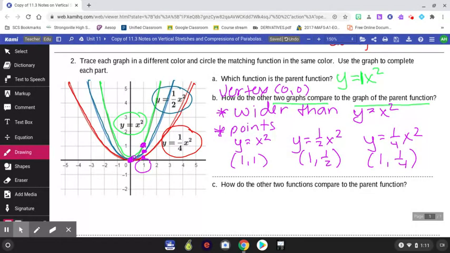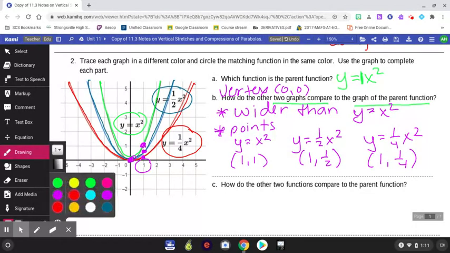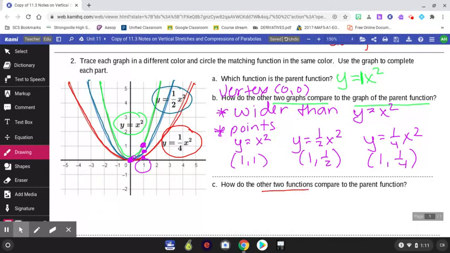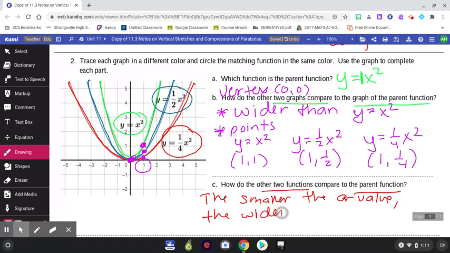All right, the next one says, how do the two functions compare to the parent function? Okay, and again, the smaller the a value, the wider the parabola. And that's true up until I hit 0.